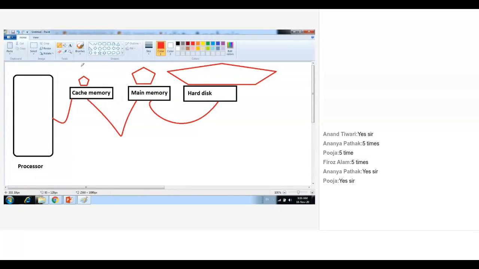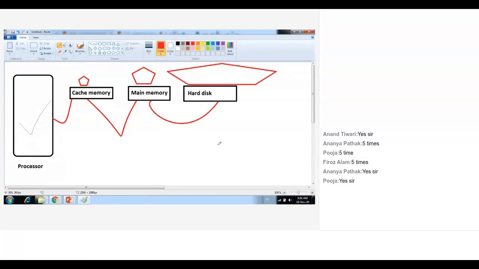If not, you will go and check in the bigger container, that is, whether your friend is in Lucknow or not, and if not, then you will check whether he is in his house or not. Then if it is there in the hard disk, you have to route it back into the main memory, then from main memory to cache memory, and then your processor will execute whatever process you wanted to execute.